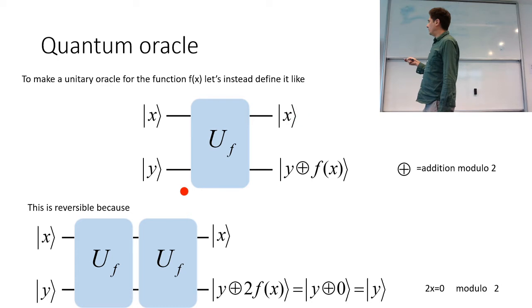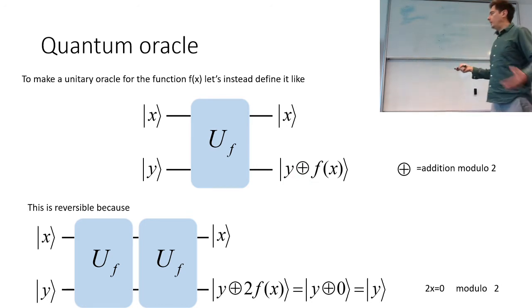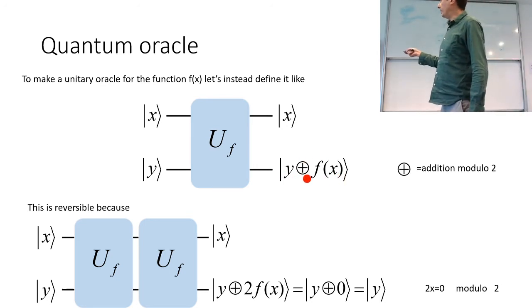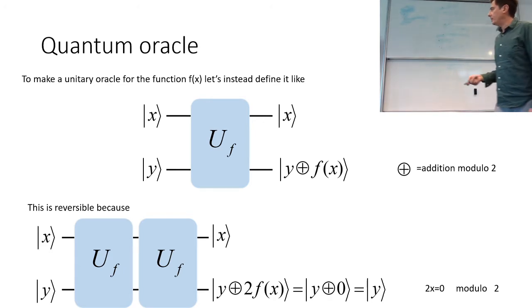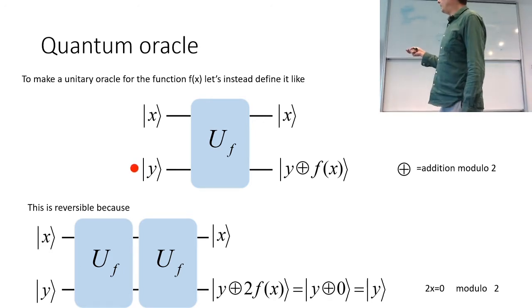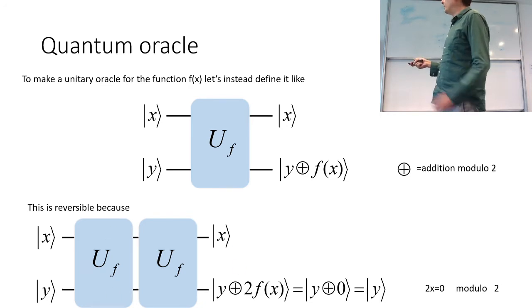Instead of just making it f(x), which depends upon the function, but if it was that constant function, this would always end up being 1, what we can do is this addition modulo 2 on this particular input. Doing this actually makes this whole circuit reversible.